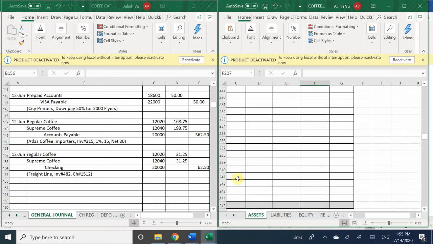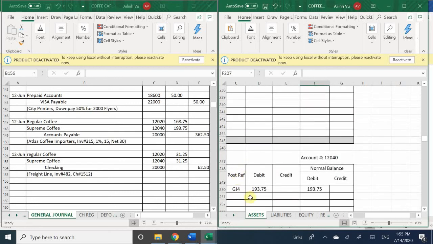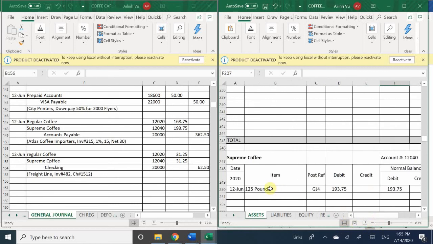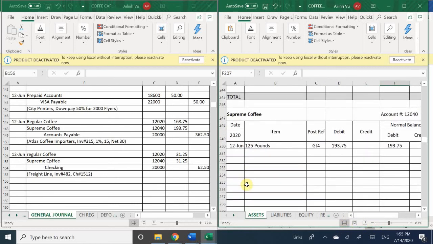Let's go ahead and solve for the freight for the Supreme Coffee. Freight charges, okay.